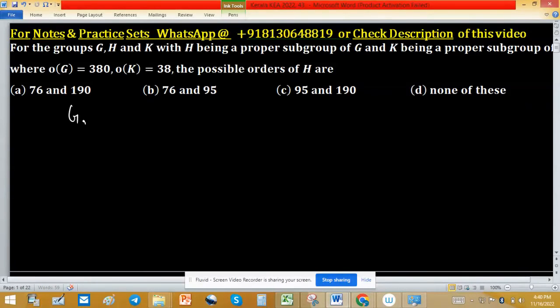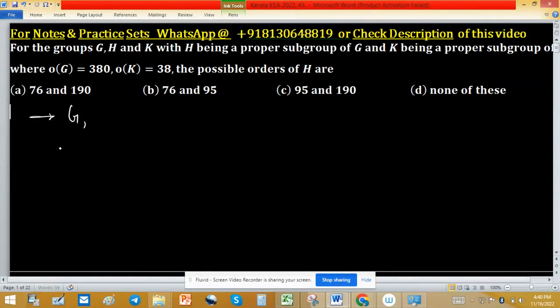For the groups G, H and K, with H being a proper subgroup of G and K being a proper subgroup of H, where order of G equals 380 and order of K equals 38, the possible orders of H are.